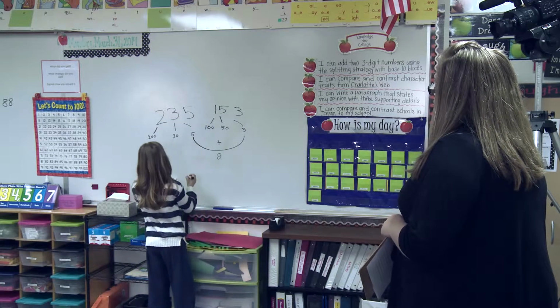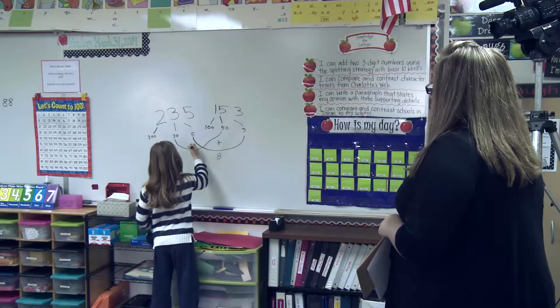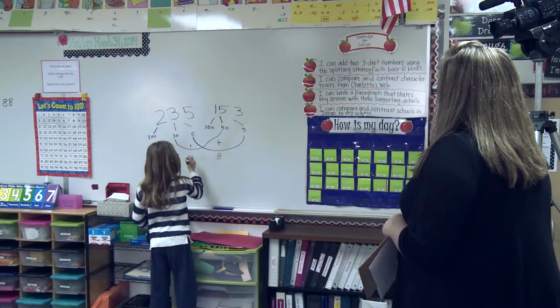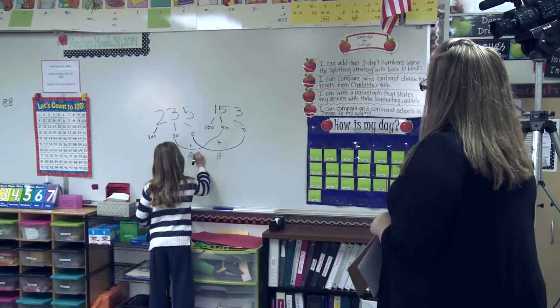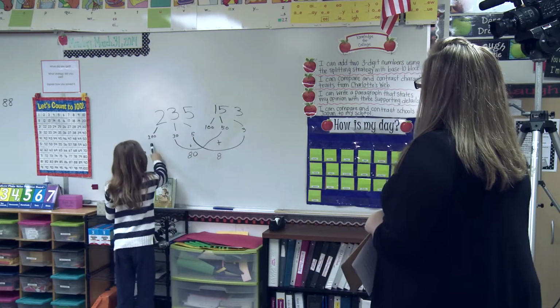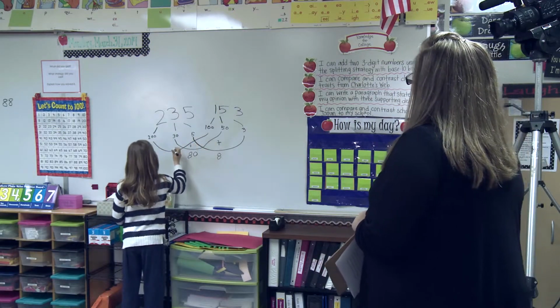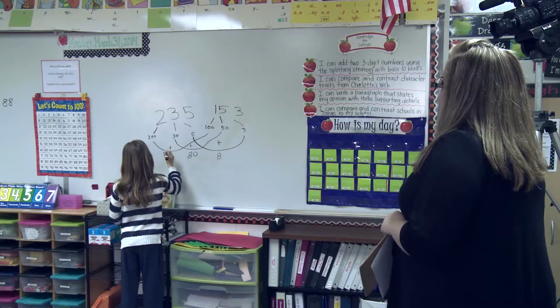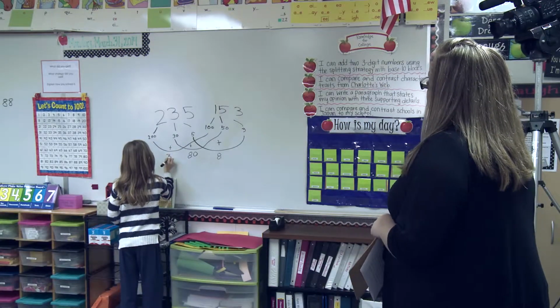So I go to the next number and add the tens, and that equals 80. And 200 plus 100 equals 300.